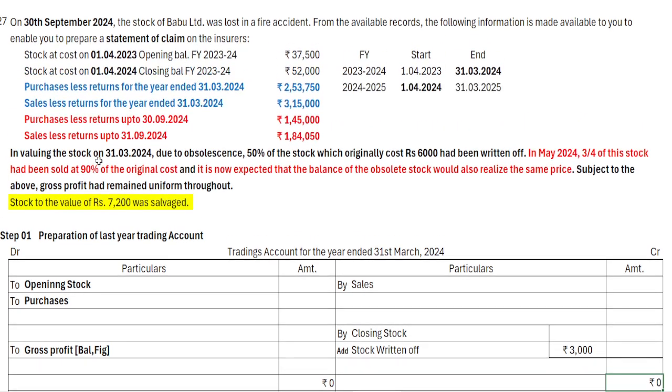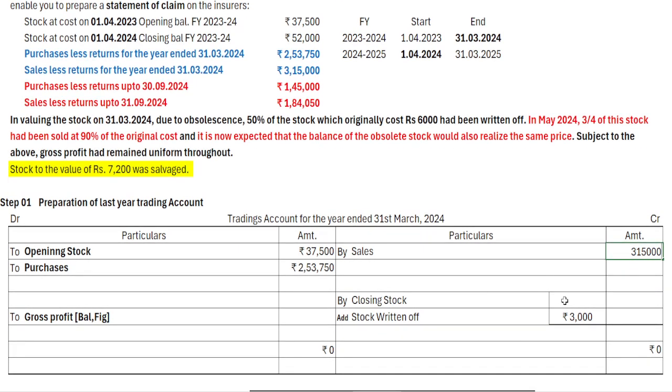Now let's start with the problem. Opening stock is 37,500. Purchases for the year ended 31st March 2024 is 2,53,750, and the sales are 3,15,000, and closing stock. What's the closing stock?